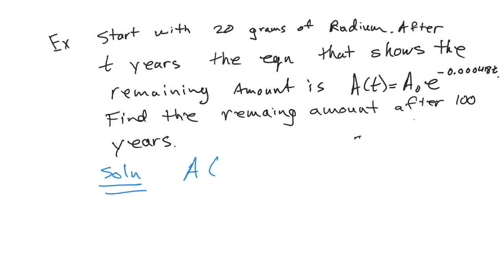So you start with A of 100, and you just plug it into the equation. So remember, A0 was 20. So we put 20 e to the negative 0.000418 times 100.